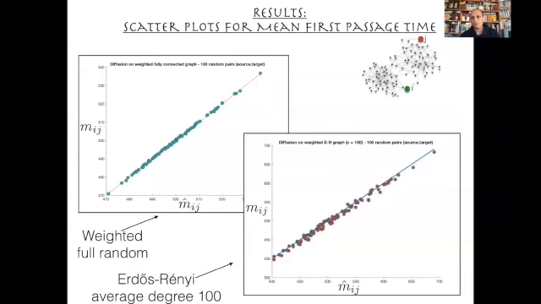Also, in the case of the mean first passage time, we see that for two fictitious data sets given by fully weighted random graphs and Erdos-Renyi with an average degree of 100, essentially the mean field exact versus the rank one approximation works very well.